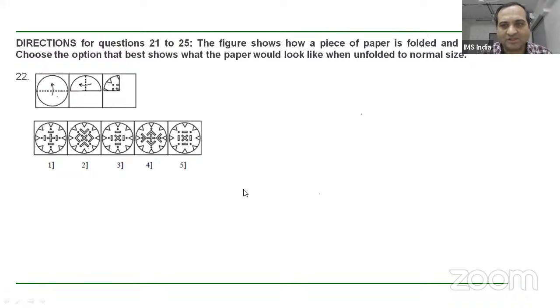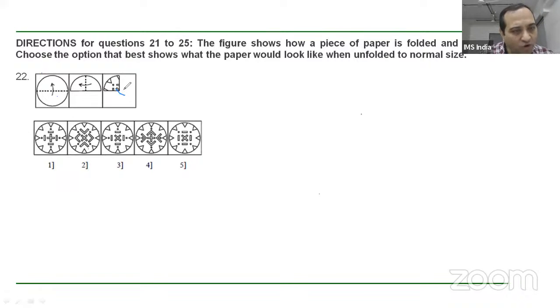Good. The answer to this question is 5. Roshni, please check. 4 cannot be the answer, Roshni, because the first thing is, in the middle you will need a cross and not a plus. So this part comes here when unfolded.